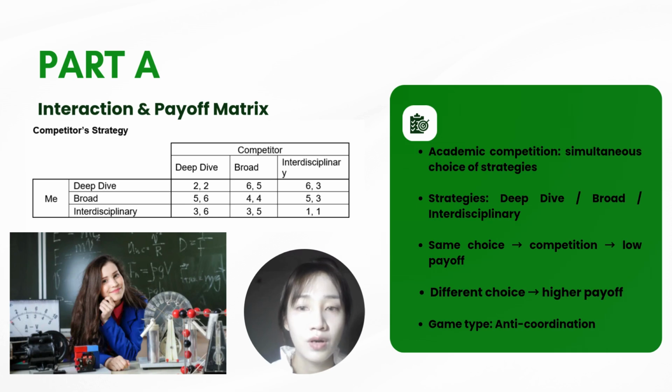For example, both choosing deep dive led to only 2 points each. By contrast, when we chose different strategies, the payoffs were higher, such as me choosing deep dive and my peer choosing broad. This shows that the game was not about cooperation, but about avoiding overlap, which makes it an anti-coordination game.